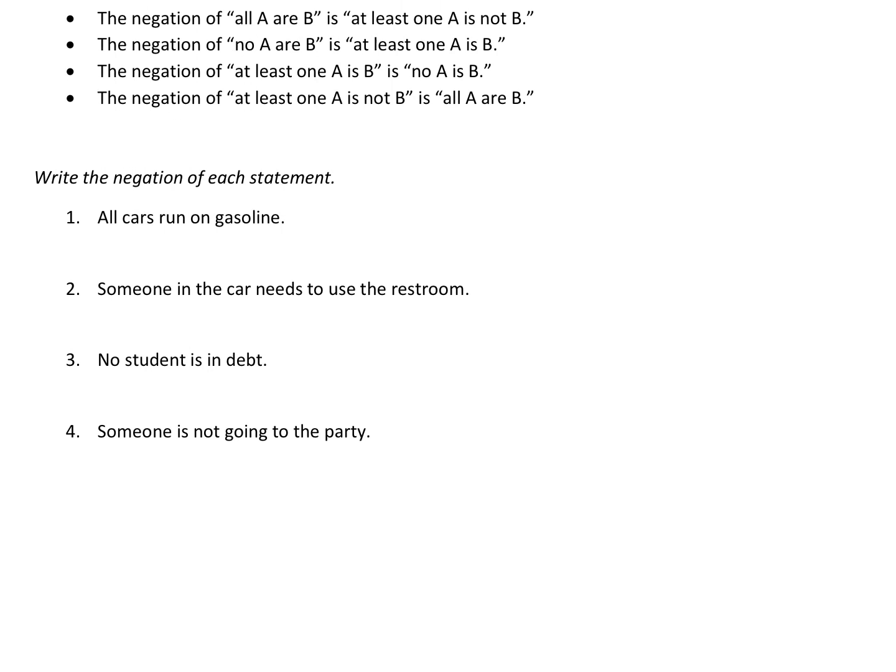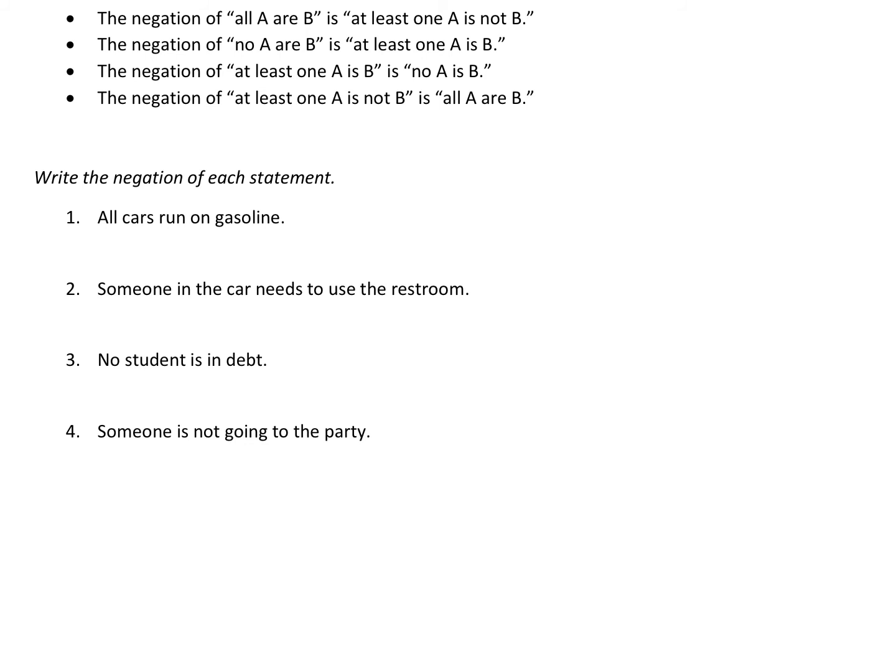All cars run on gasoline. So you can see that this is one of the all statements. So we're going to negate that with at least one. If it's an affirmative, like all cars are, all cars do, then we're going to say at least one doesn't. So all cars run on gasoline.